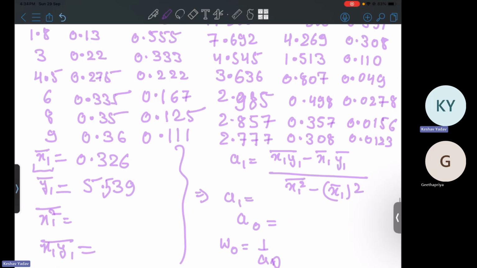That will be equal to what? 0.1591. Now what we need to do?